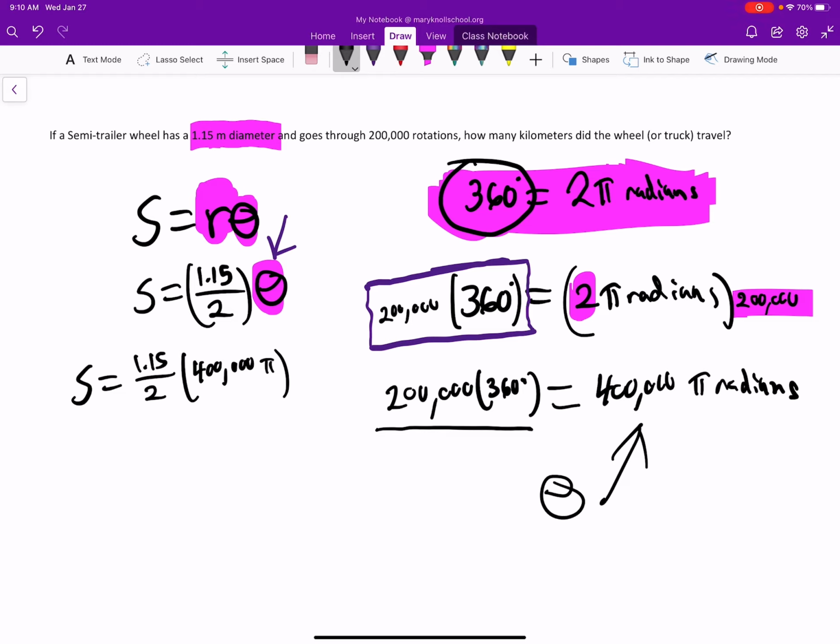Now let's go ahead and simplify. I'm going to take 1.15 divided by 2 in my calculator, simplifying this piece right here, and that's going to be 0.575. Now we just need to multiply that by 400,000 pi. Let's actually replace this pi with 3.14.